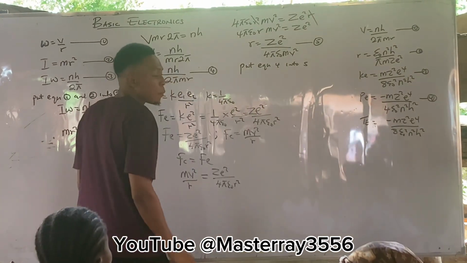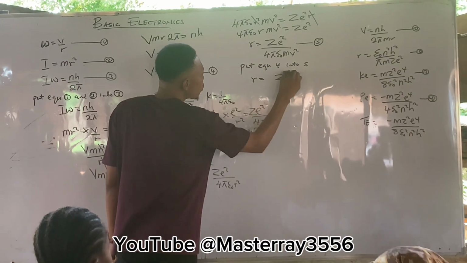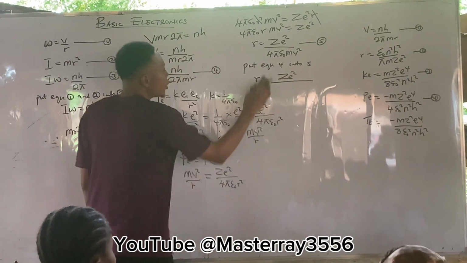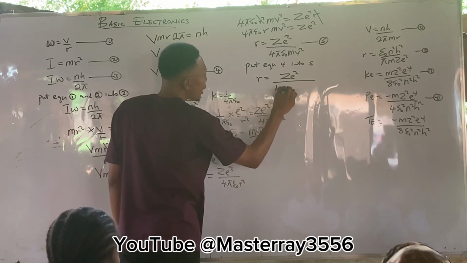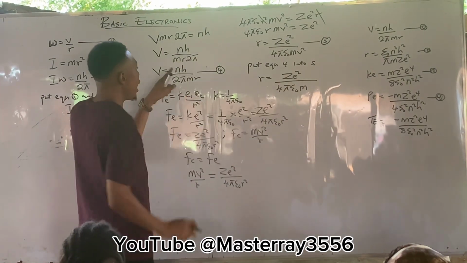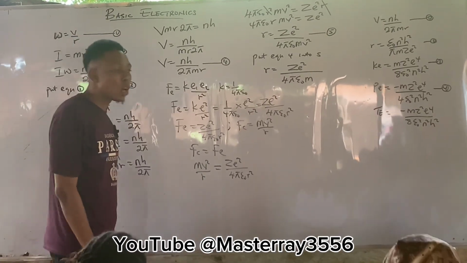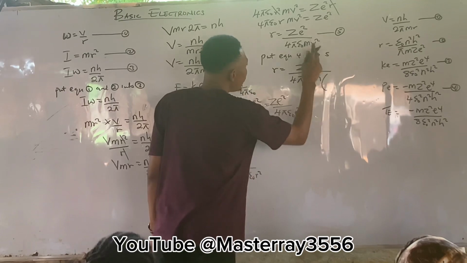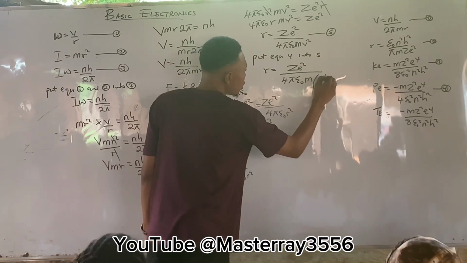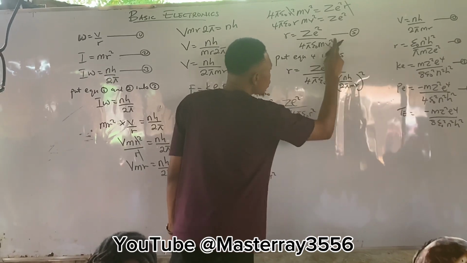So from there, our r will be equal to Z² over 4πε₀m and what's our v? v is nh over 2πmr, is it not? Yes. So our v becomes nh over 2πmr, then all squared.